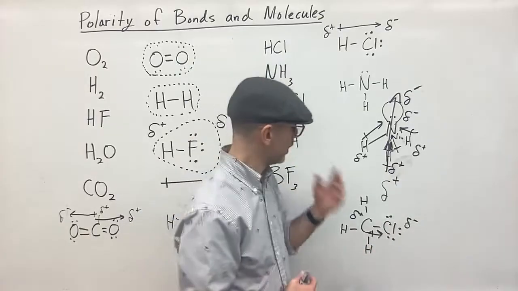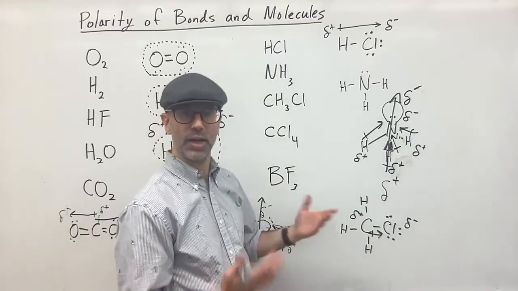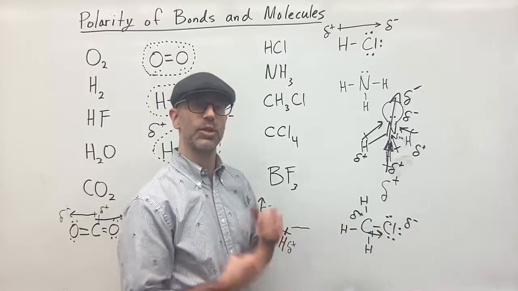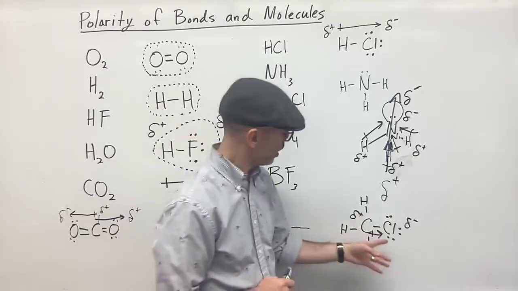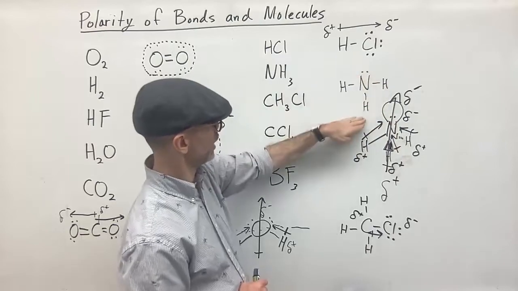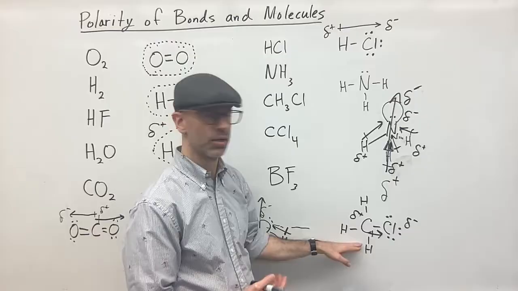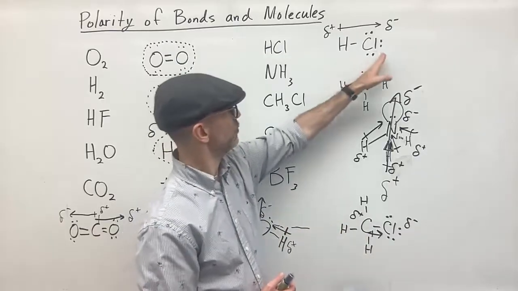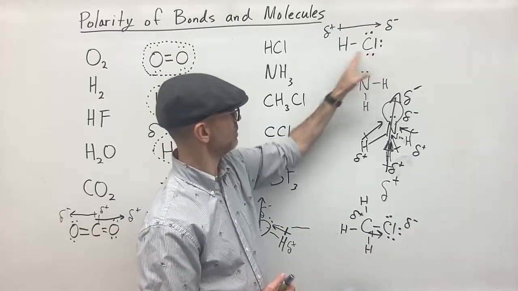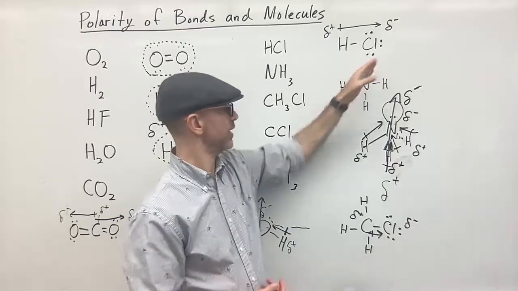So what if you have polarity in the bonds but don't have polarity in the molecule? That's where symmetry comes in. What you want to notice here is that in this one, here, and here, there is a lack of symmetry in the molecule. Here you've got two different atoms bonded together.